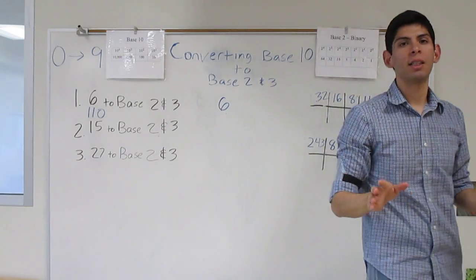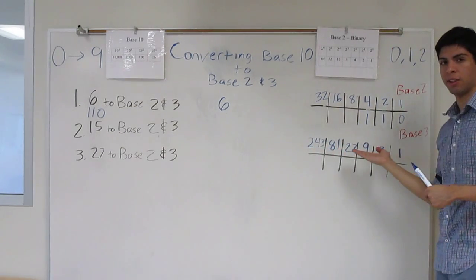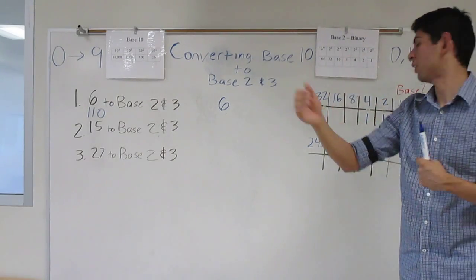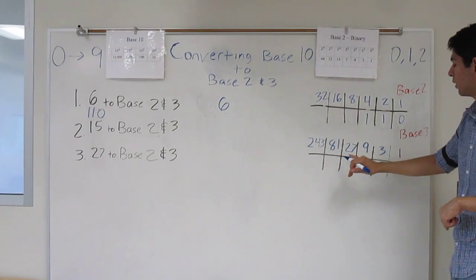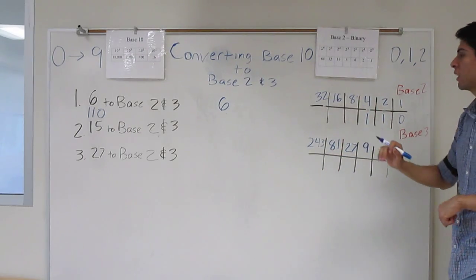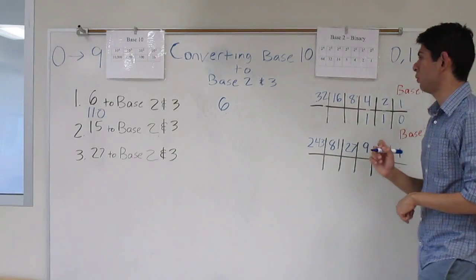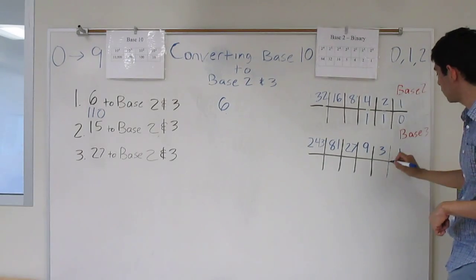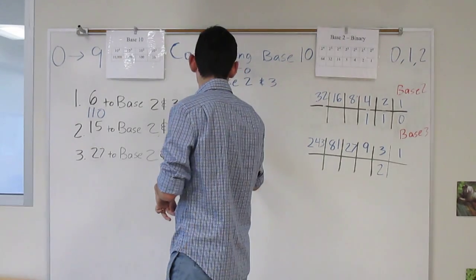Now, in base 3, for the number 6, it'll be the same thing we did, but in the place values we'll be using the 3s, and we'll move on 3 times greater. So for the number 6, we notice that 81, 27, and 9 do not fit into 6, but 3 does. 3 fits into 6 2 times. So we'll put a 2, remember, this is one of the numbers we use, and we'll subtract it.